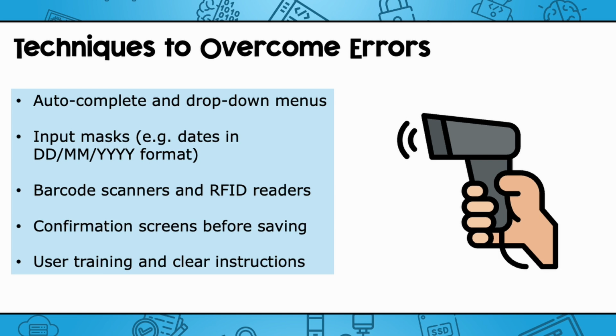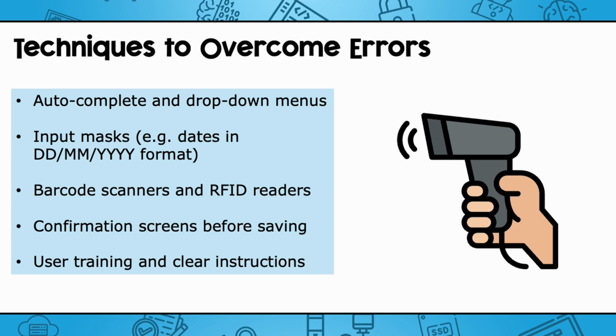We could provide a department drop-down list that has HR, IT, finance in, and the user can just select one. It doesn't just stop misspellings, it stops the capitalization of words as well. You might have one user that would type finance with a capital F, another user that types it all in capitals, another user that types it with no capitals whatsoever. So it keeps our data uniform and correct.